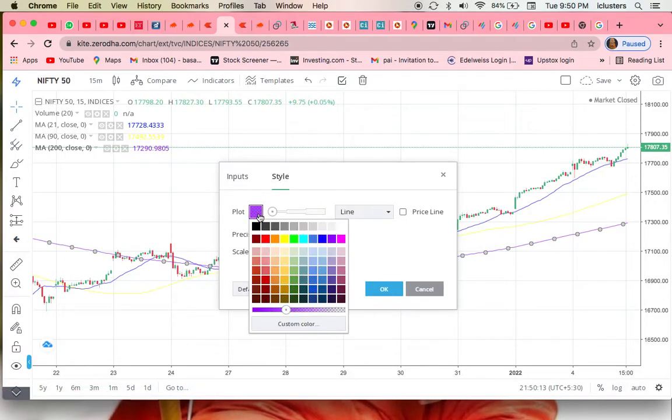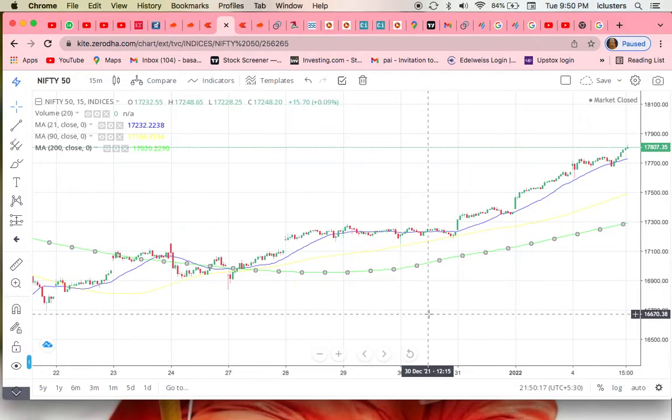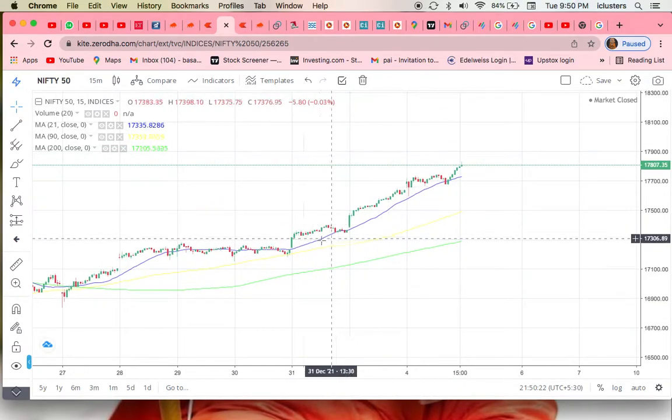Most professional traders use this 200 days moving average. If price is moving above the 200 moving average, imagine, friends, that is the strong buying side.